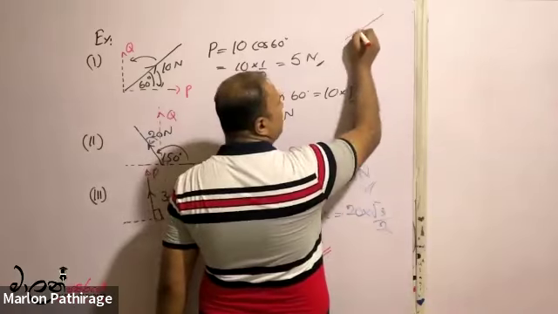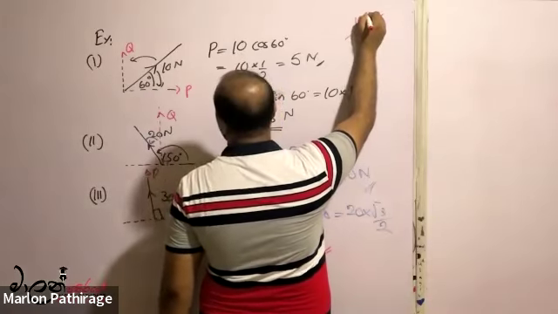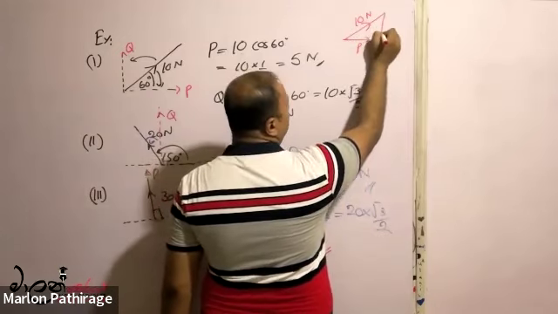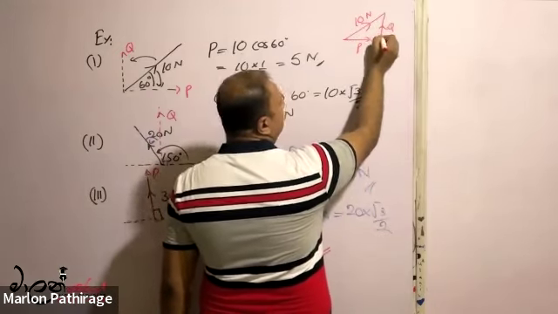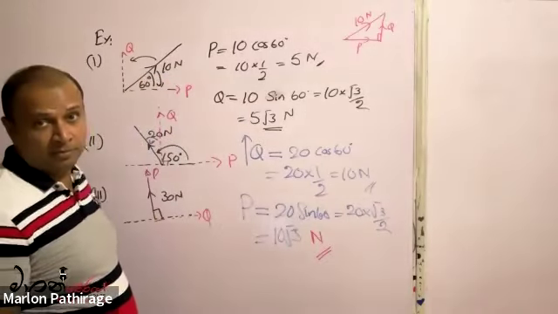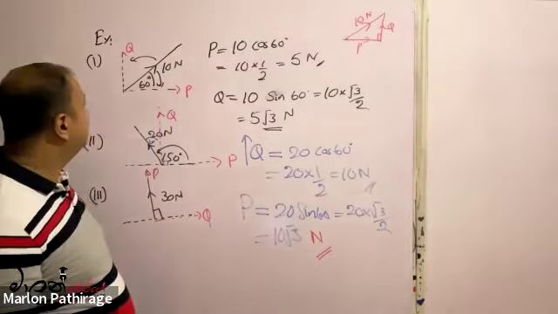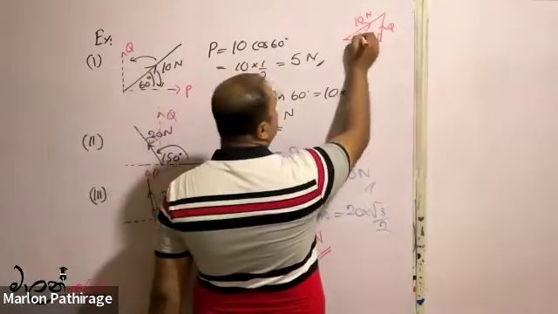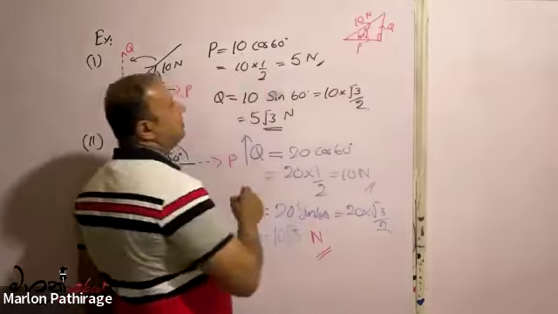In this one, 10 Newton is the result force of P and Q. And you know this angle is 60.